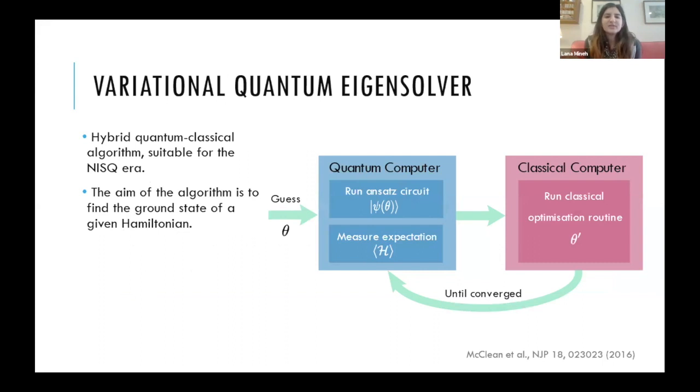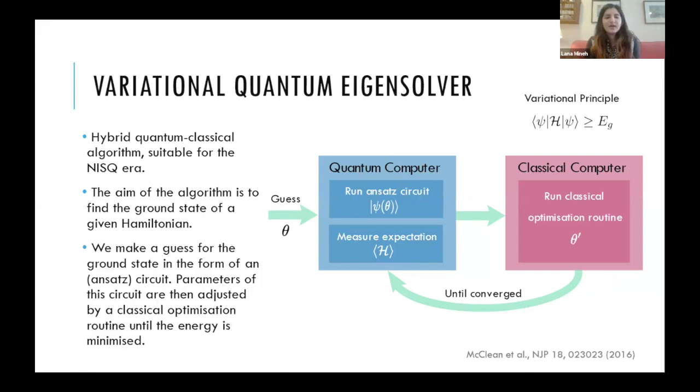So the variational quantum eigensolver is a hybrid quantum classical algorithm, so it's quite suitable for the NISQ era, because you can outsource quite a bit of the computation to the classical computer. The aim of this algorithm is to find the ground state of a given Hamiltonian. So we do this by inputting an ansatz circuit. So we make a guess for the ground state. We hope this ansatz circuit will parameterize the ground state.